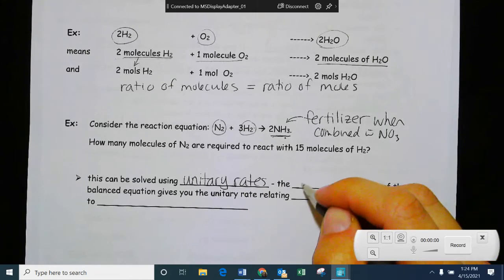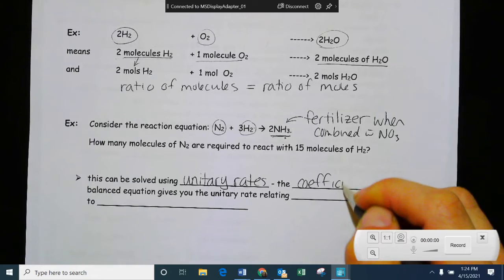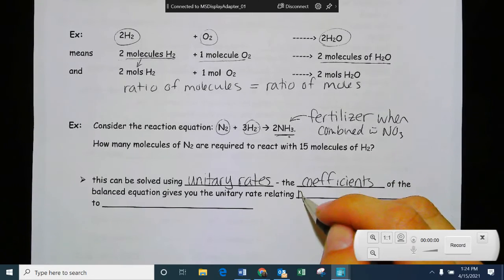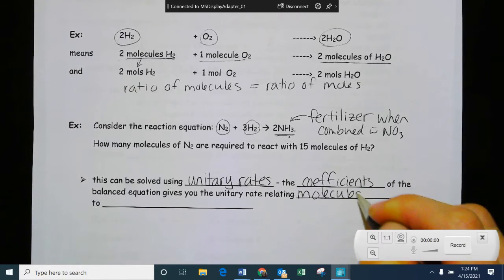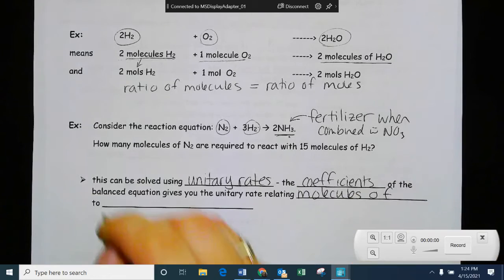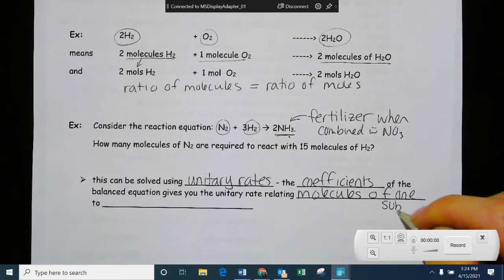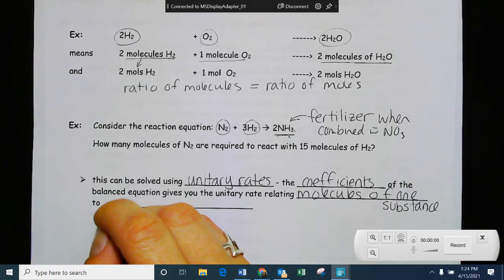That's the coefficients of the balanced equation, and that gives you the unitary rates relating molecules of one substance to molecules of another.